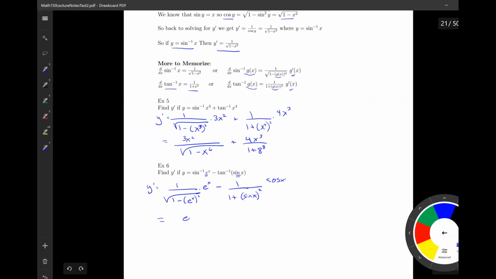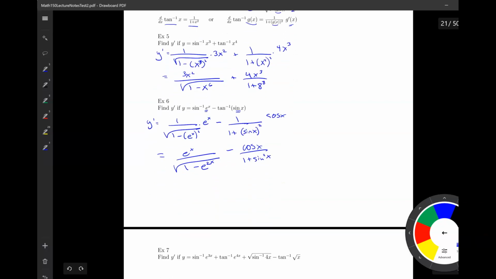So let's just make sure we're good about how to multiply these. You multiply those exponents, so you would get e to the 2x, minus, and then 1 plus sine squared of x, and then a cosine on the top, right? Cosine of x, and that's as simplified as it gets.